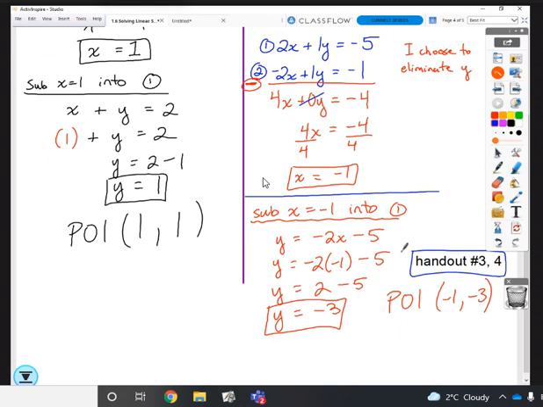Check it out. One y equals negative 3. Yeah, let me, yes. No, do that one. 3 and 4.